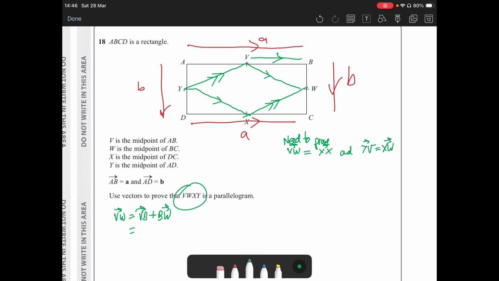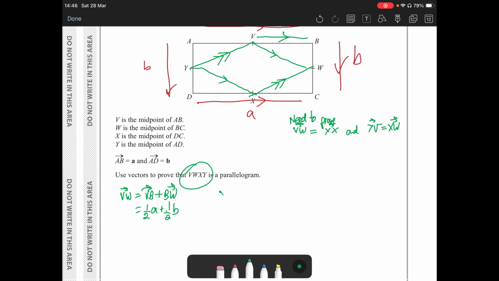Now VB is half a, because it's halfway. Why did I write 1 over a? I don't know why. Half a plus half b. So that's VW.